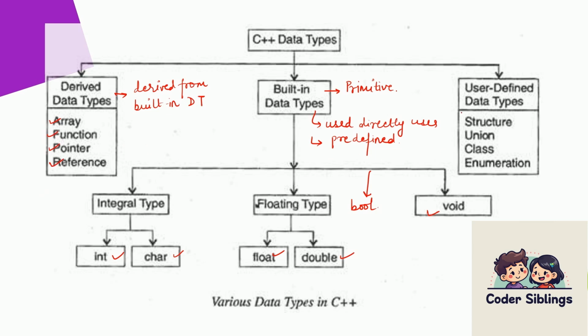Thirdly, there are user-defined data types. These are also known as abstract data types. These are defined by the user, hence the name user-defined, and examples include structure, union, class, enumeration, etc. Defined by the user as per the requirement of the user.